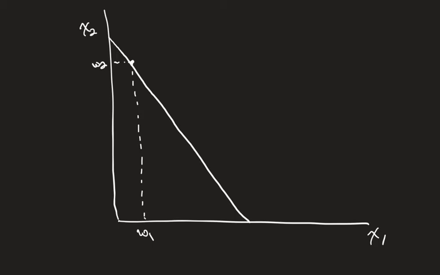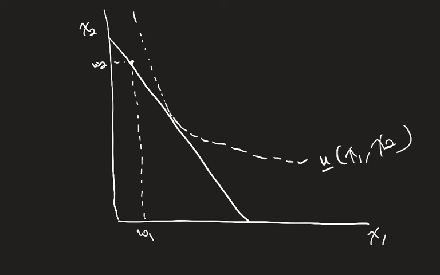Now, since nothing's changed, you already have the toolkit through which you can figure out what the consumer choice is here. We have our preferences that have some utility representation, and that's a little indifference curve that depends on good one and good two. And we have some choice of how much good two to consume and how much good one to consume based on our preferences, where our marginal rate of substitution equals our marginal rate of transformation.